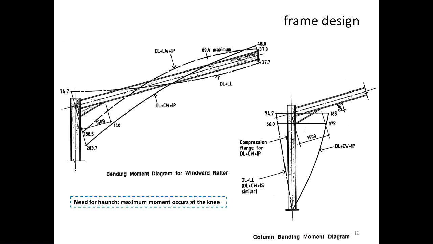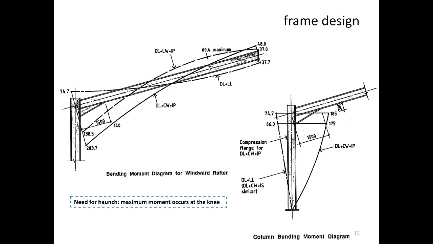So you can see the bending moment. When you have wind blowing, you have a lot of bending moment. The bending moment here is much bigger. So you can see the bending moment goes up to 203. And that bending moment diagram you can see is the dead load, crosswind plus internal pressure. When you add all of that, it's what is giving that maximum bending there of 203.